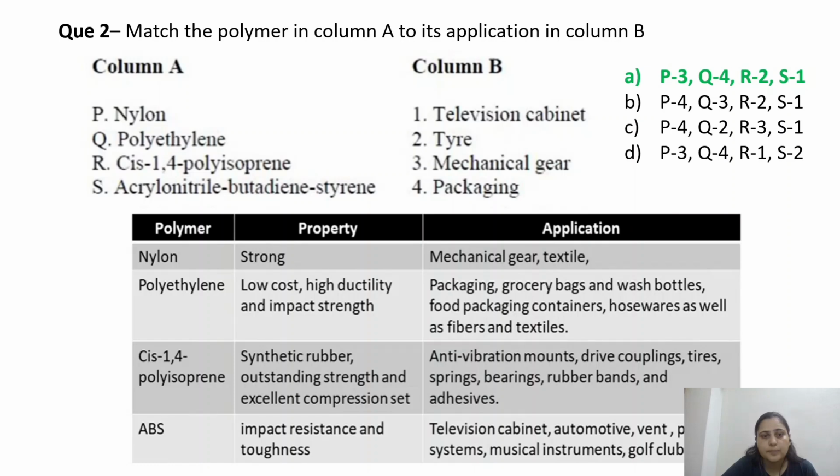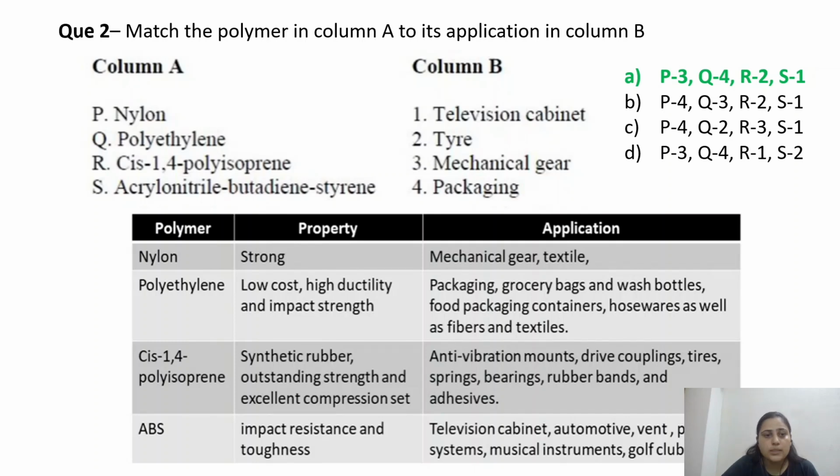For polyethylene, since it is low cost, highly ductile and has high impact strength, it is used for packaging applications, for making food packaging containers, grocery bags, wash bottles, and fibers and textiles. So option 4, which is packaging, is correct for Q.